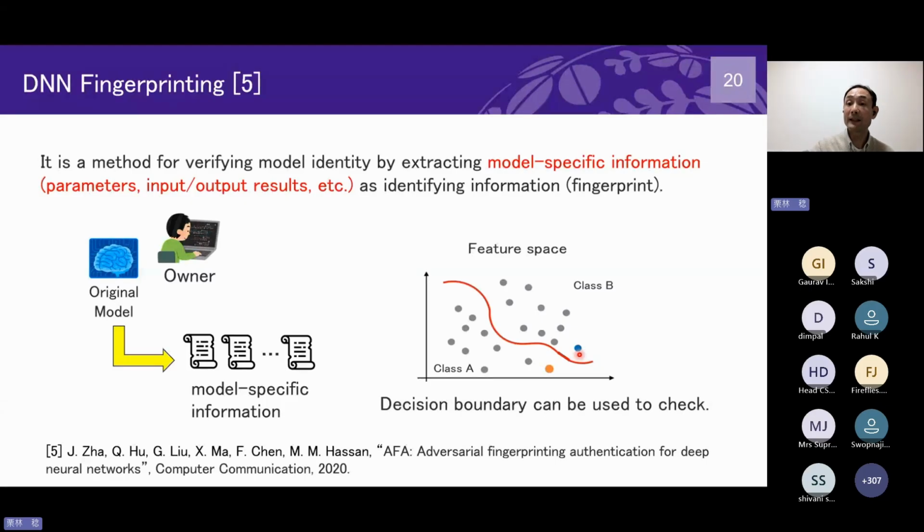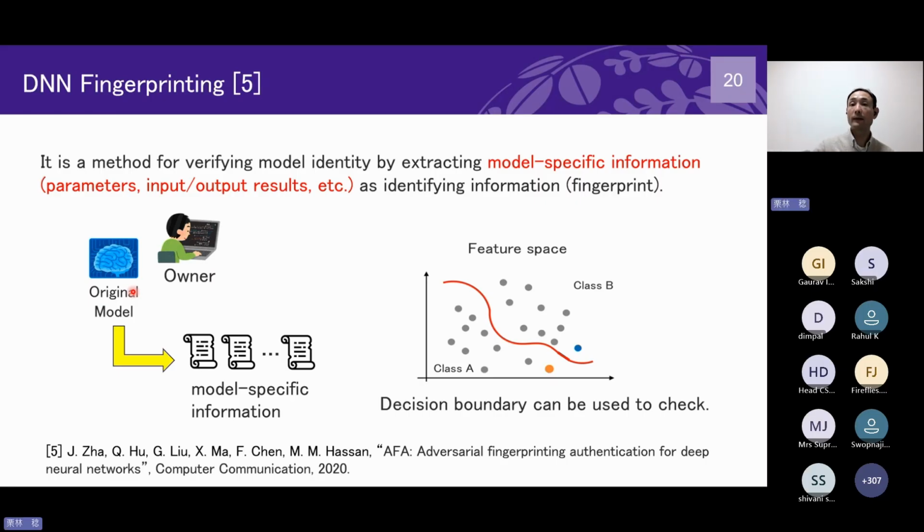If the decision results of some samples are classified as class B or class A, then he can find the decision boundary. So by throwing some queries, he can find that the model's decision boundary is very close to his original model. Then the owner can claim the model installed in the cloud server could be similar to his original model. So this is the idea of the fingerprinting.